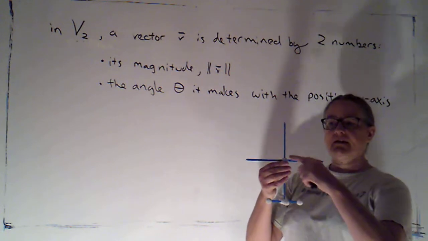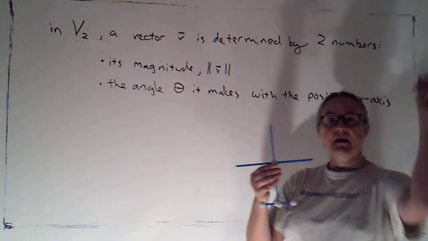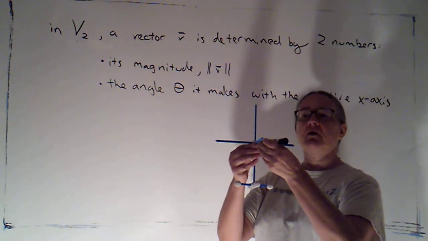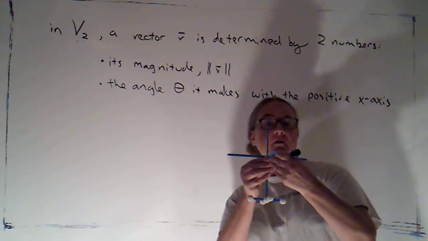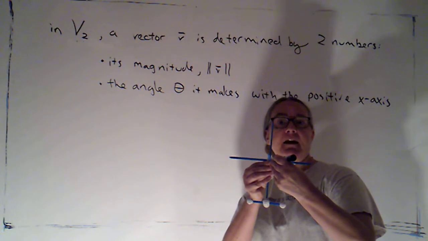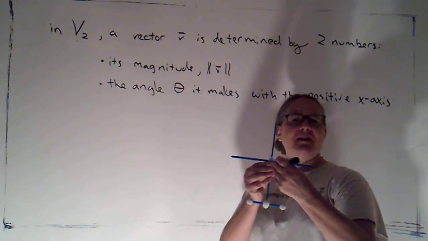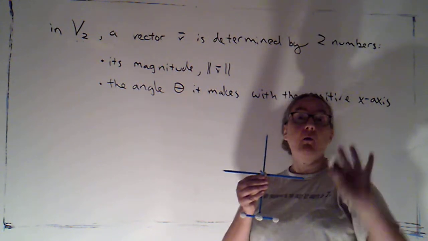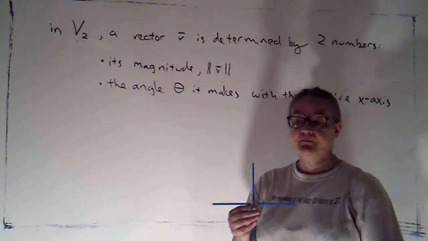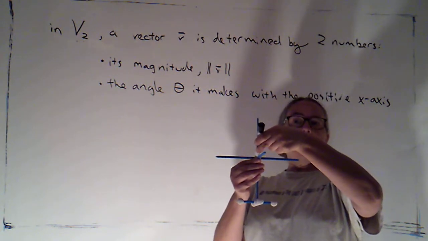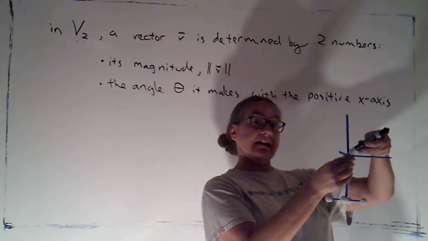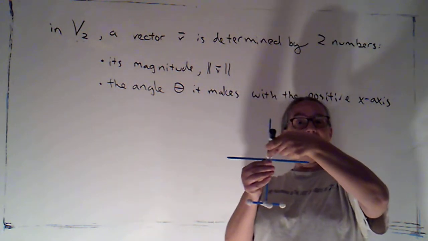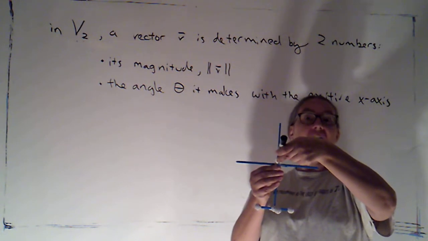So in 3 space, here's the positive x-axis. Right now, I'm holding this marker so that it's making an angle of 30 degrees with the positive x-axis. You can see that the direction my marker is pointing in is forward and to the right, but with no up or down component at all. Now I'm holding my marker still making an angle of 30 degrees with the x-axis, but the direction it's pointing in is forward and upward.